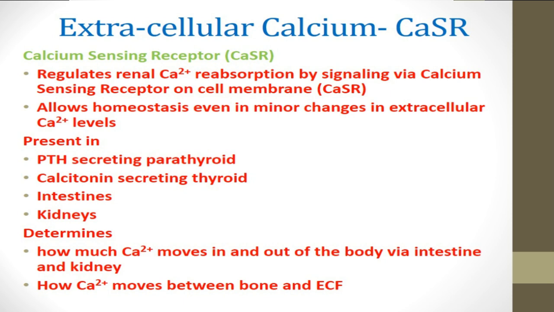So the regulation of the level of calcium ion between the bone and the extracellular fluid, that is ECF, both are determined by the above four actions, and that is in turn regulated by CASR, the calcium sensing receptor. So all are related with each other during metabolism.